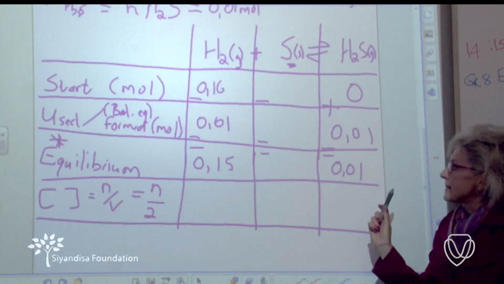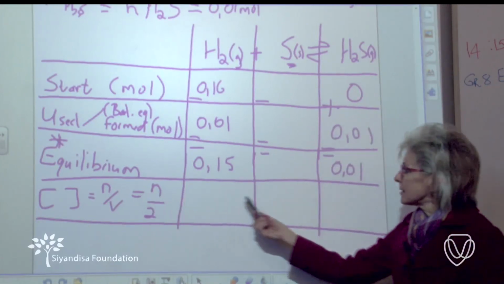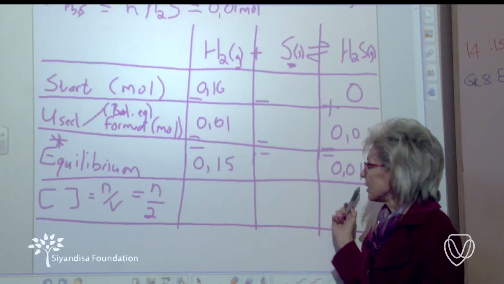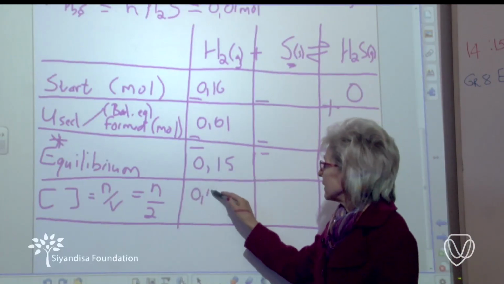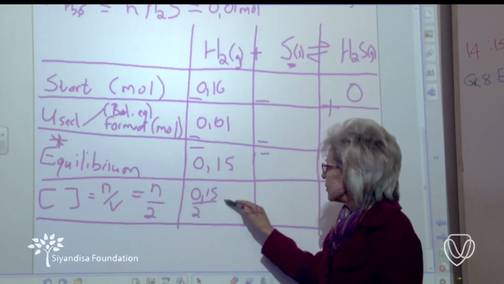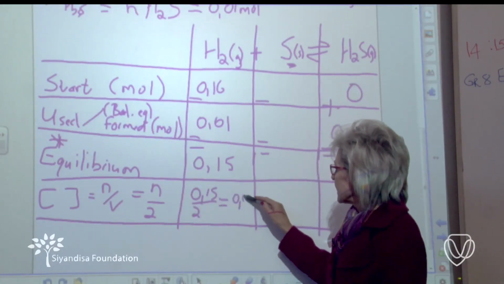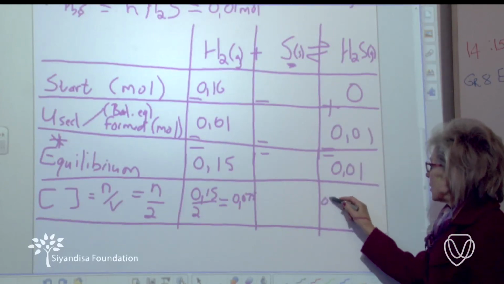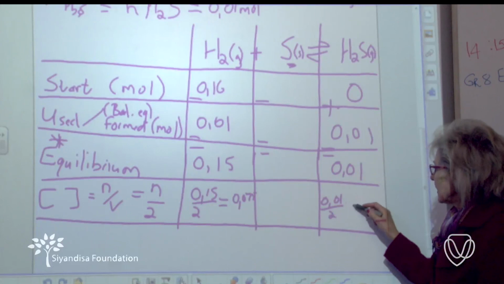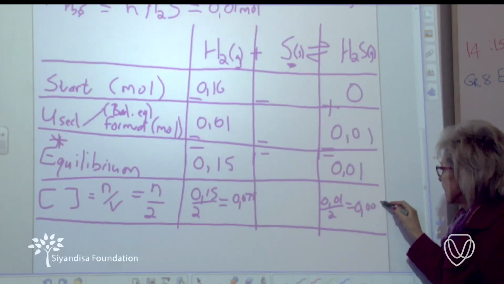To calculate Kc, I need this row, the concentration row. And the concentration row takes that value and divides it by 2. So we've got 0.15, which we have to divide by 2. That gives us 0.075. And on this side, we get 0.01 divided by 2, and that gives us 0.005.